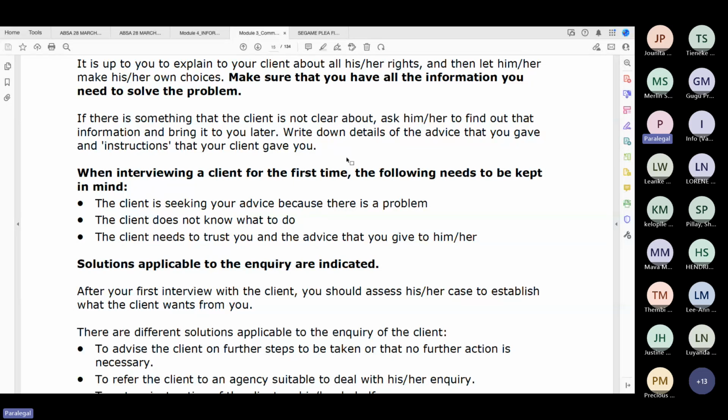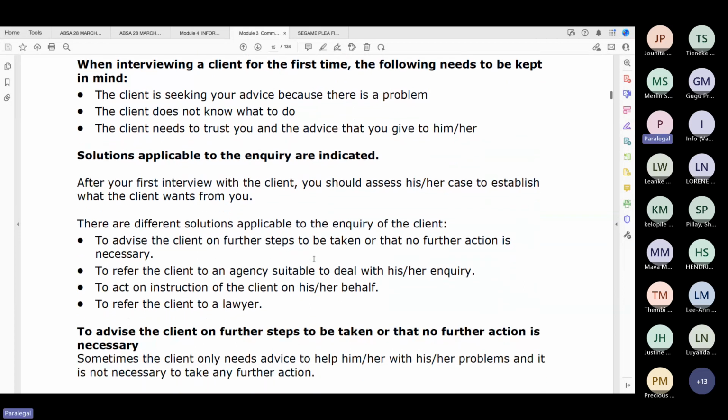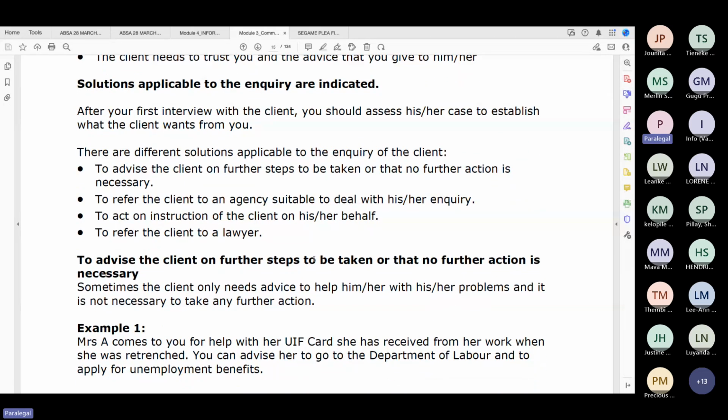So when you are going to take information, solutions applicable to the inquiry are indicated. You need to advise the client on further steps to be taken or that no further action is necessary. To refer the client to an agency suitable to deal with his or her inquiry, sometimes you don't need to help the client yourself.